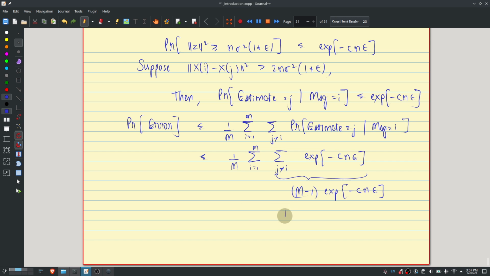Of course, this is assuming the distance between any pair of code words is at least square root of n times sigma square.